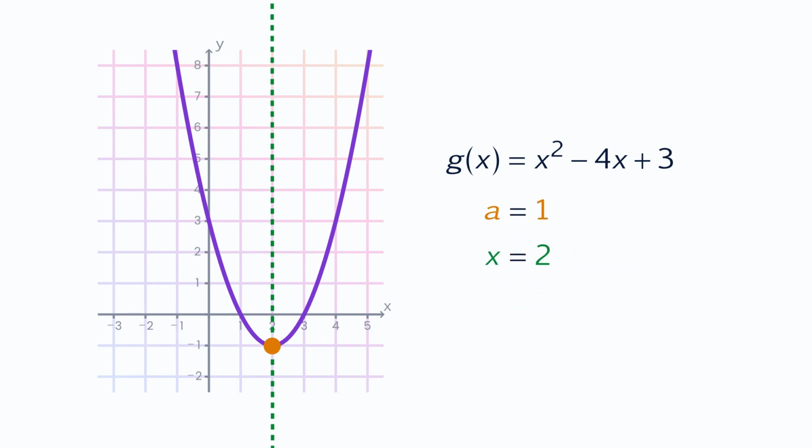If you insert 2 for x in the function, you get g of 2 equals 2 squared minus 4 times 2 plus 3 equals minus 1. That means that minus 1 is the minimum value of the function g of x equals x squared minus 4x plus 3. So the vertex is located at the coordinates 2, minus 1.